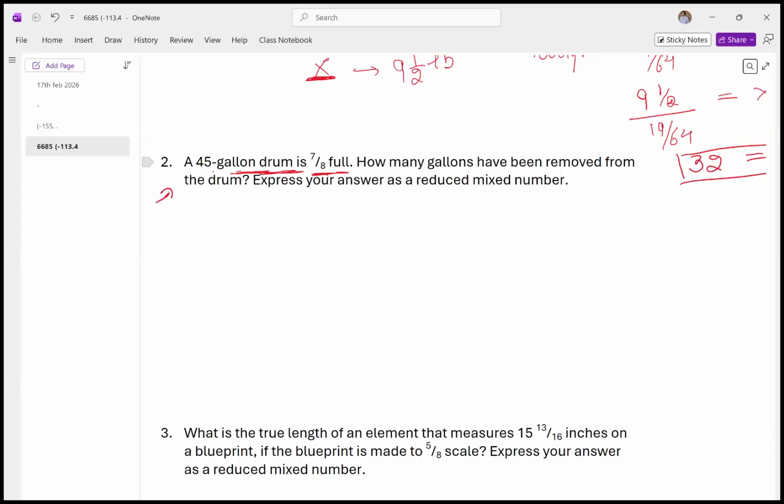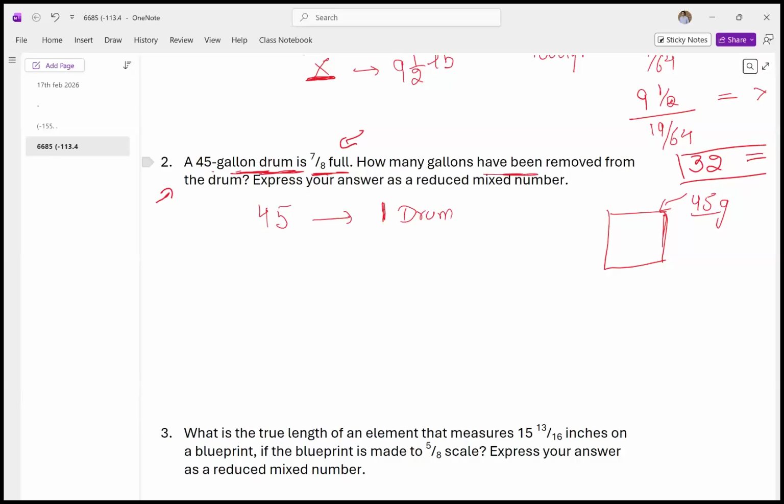So there is a drum which can carry 45 gallons. Now this is 7/8 full. So 45 gallon is equal to one complete drum. Okay, and then it is 7/8 full.